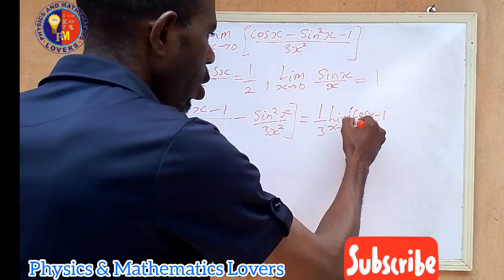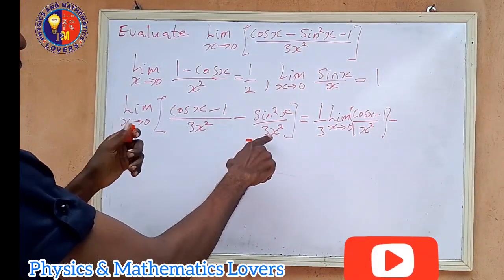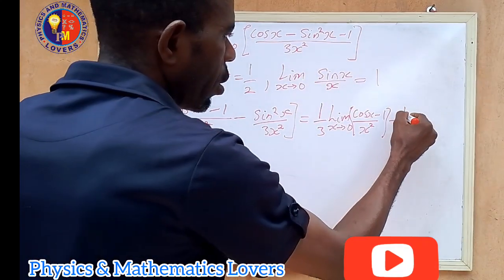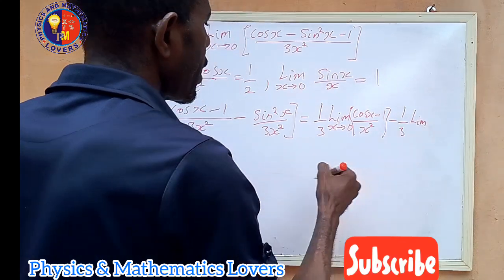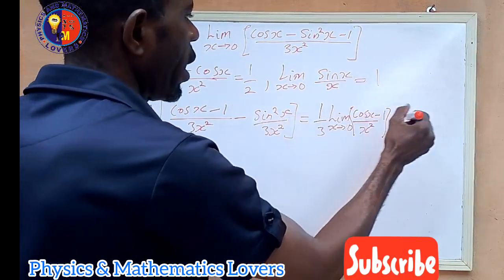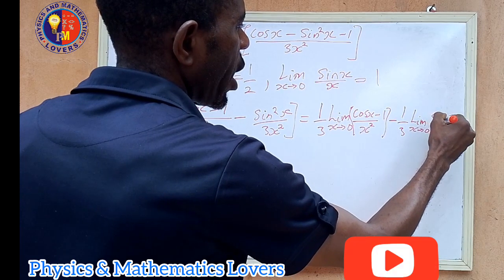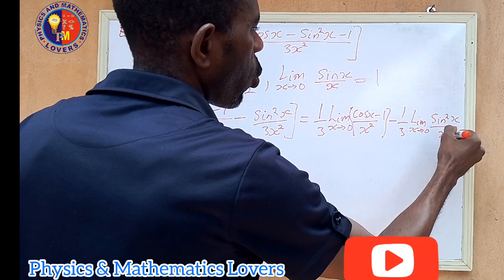So that is for this. The same thing, minus here. We also have 1 over 3 out. 1 over 3 times the limit as x tends to 0 of sine squared x all over x squared.